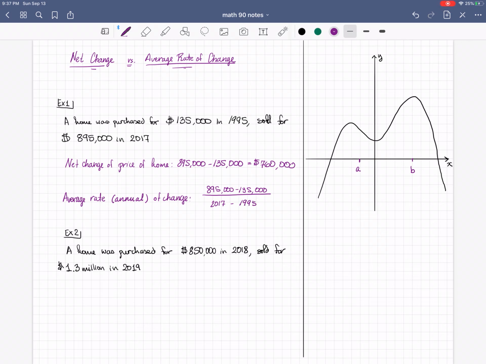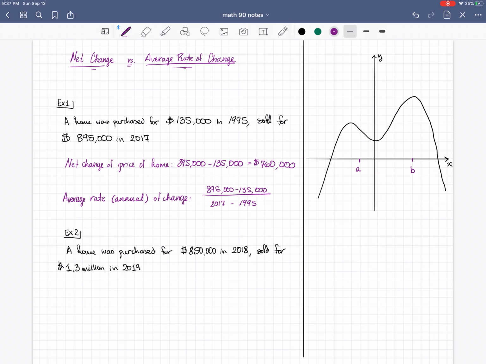We take the $760,000, which is the total amount by which the price of the home grew, and divide that by 22 years, which is how long it took to grow by that much.